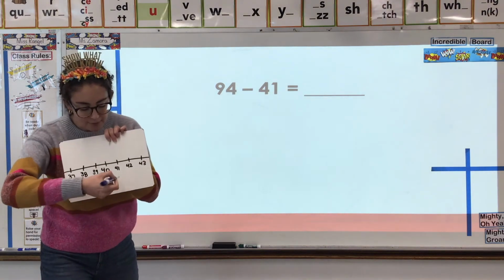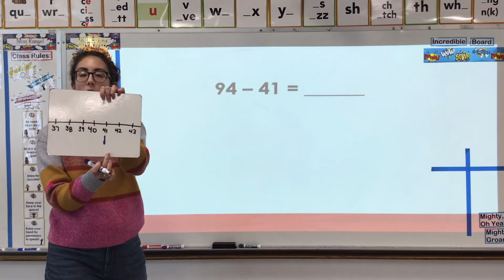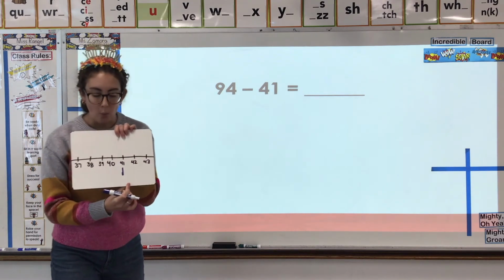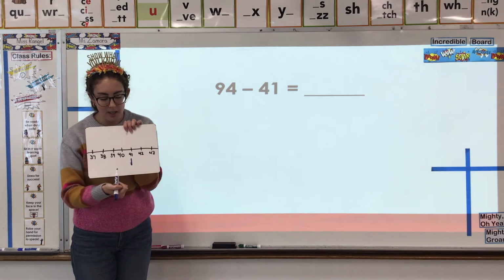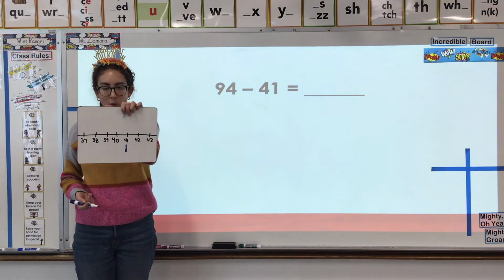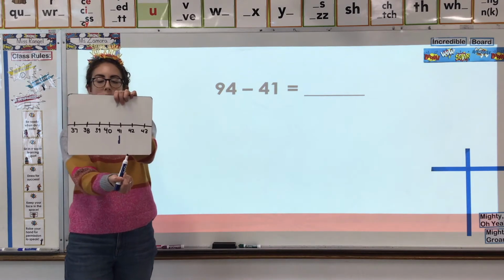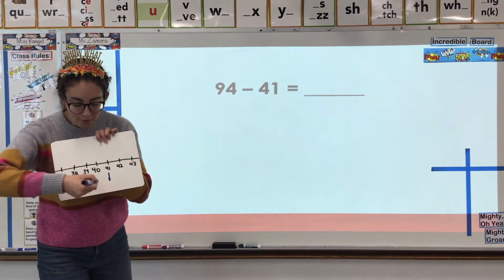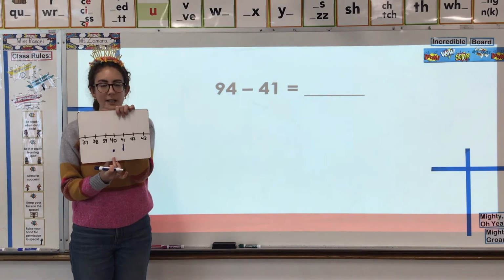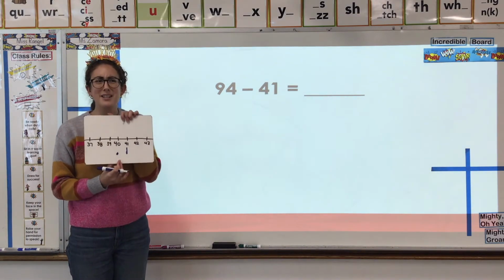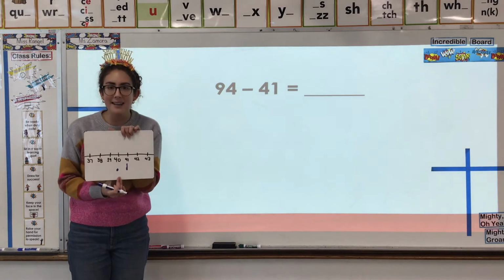Okay, we've got 41 right here on our number line. What simpler number, what tens number is right next to 41 on our number line? 40, of course.